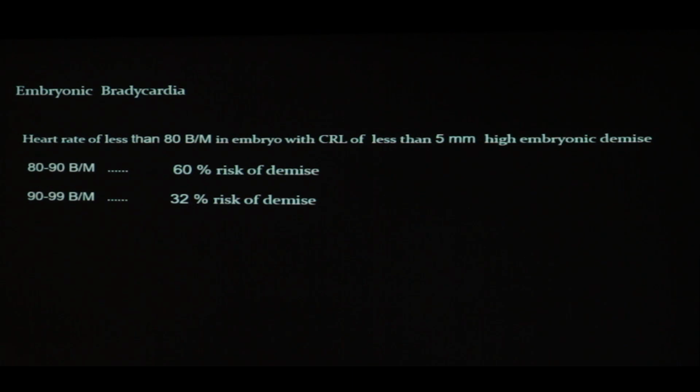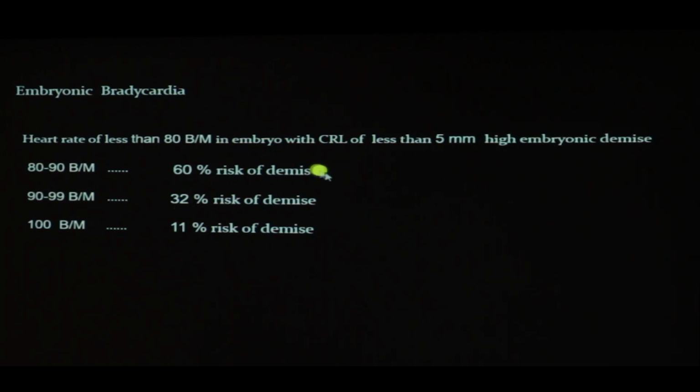And now see, as the heart rate is increasing from 90 to 99, the risk is decreasing, but still the risk is there. It is 32%. Even at 100, the risk is there, but has dropped to 11 now. Now the point is, with increase of the fetal heart rate, the risk is dropping.